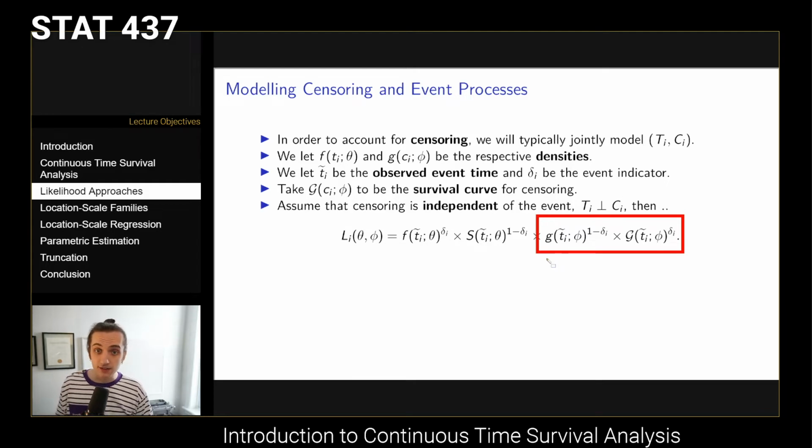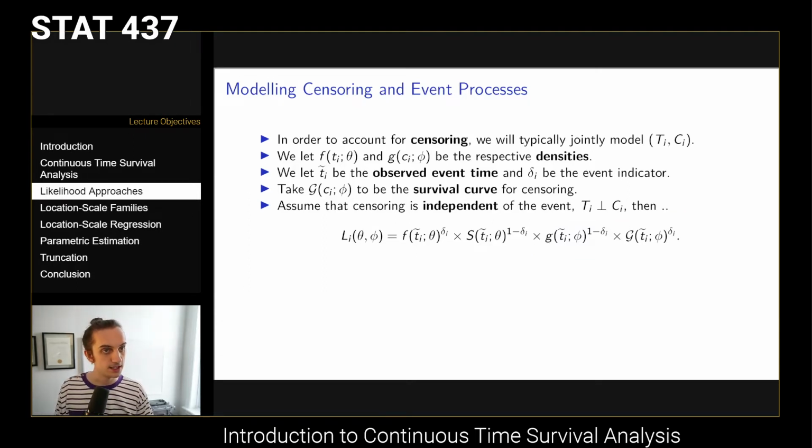So if the individual is censored, right, so delta i is 0, well then what's the contribution to the censoring process? It's the density evaluated at that time, so it's this g term. And if the individual is not censored, then what do we know about their censoring? All we know is that it would have taken place after our current time, so we evaluate the survivor function at the observed time. Right?